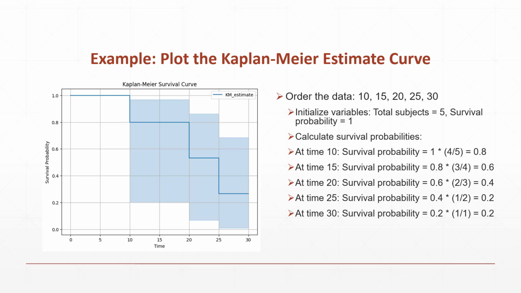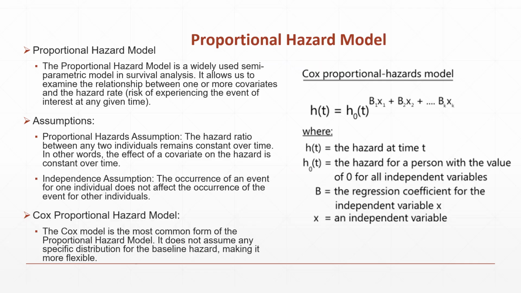It displays the estimated survival probability over time, revealing the likelihood of individuals surviving up to each time point during the study. It helps us understand how survival chances change over time and provides us crucial insight for decision making in various fields. Let's talk about the proportional hazard model.